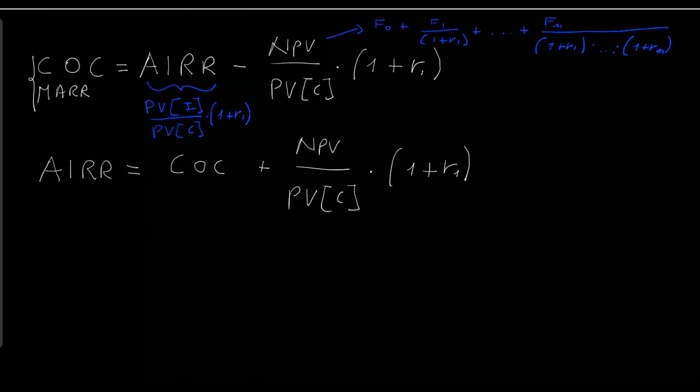Vice versa, we can start from the overall cost of capital, which is given by the present value of all the market returns that would be generated if the same capital amounts were invested in the market instead of in the project, divided by the present value of the capital amounts, multiplied by 1 plus r of 1, which is the first period cost of capital.